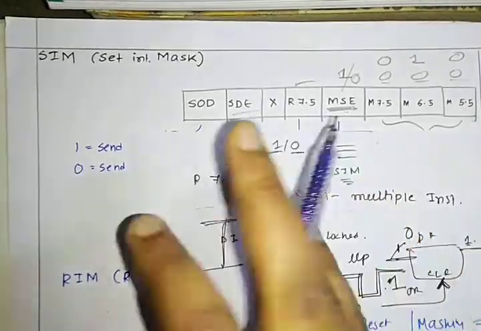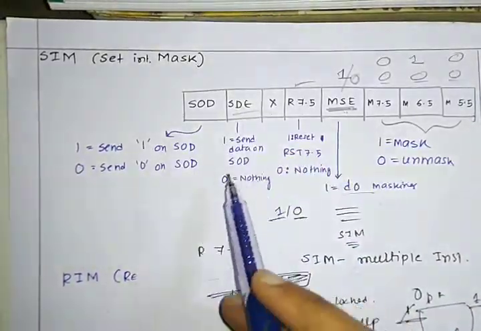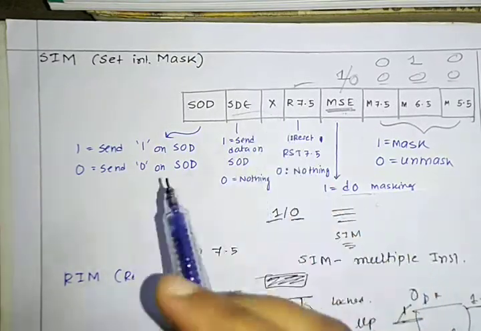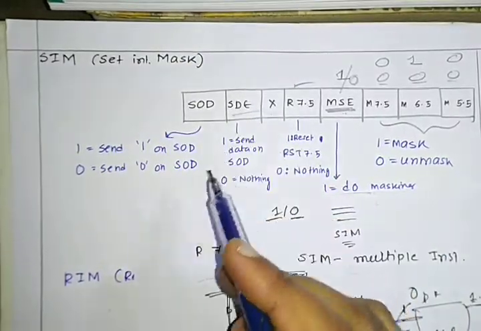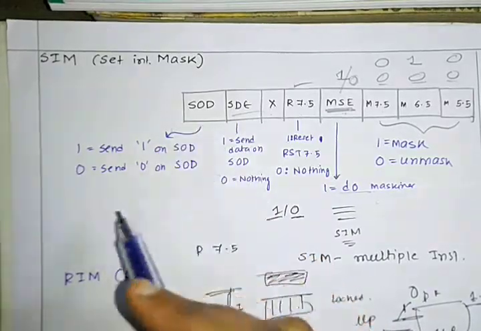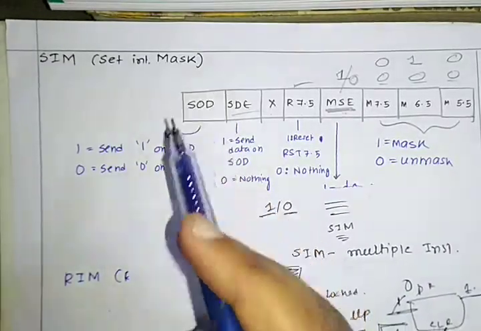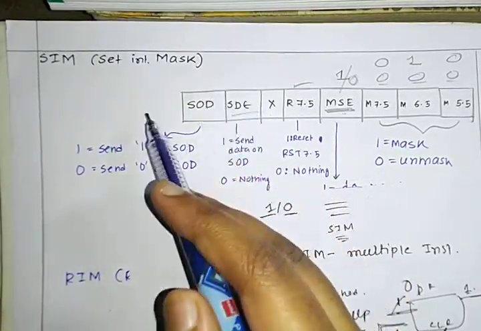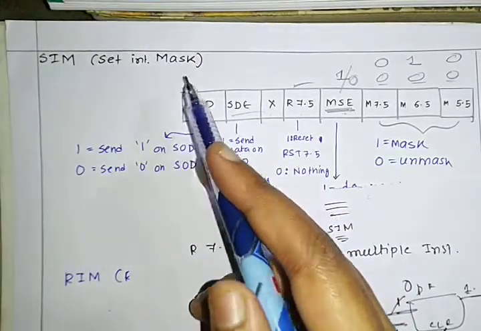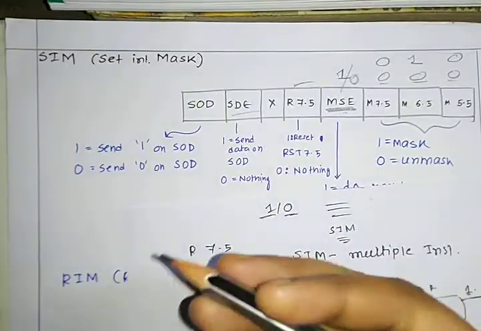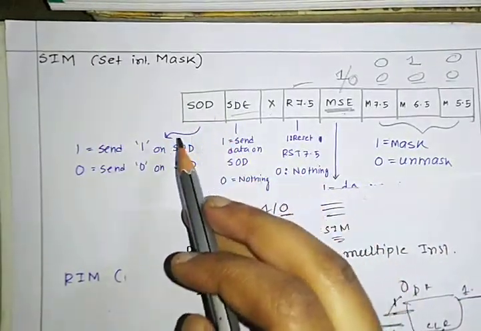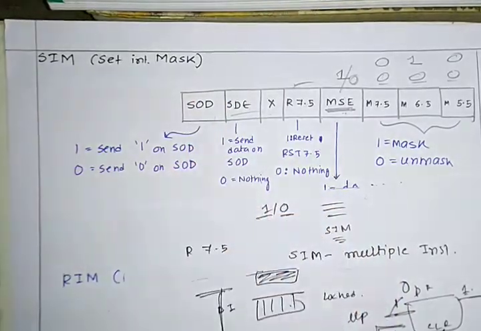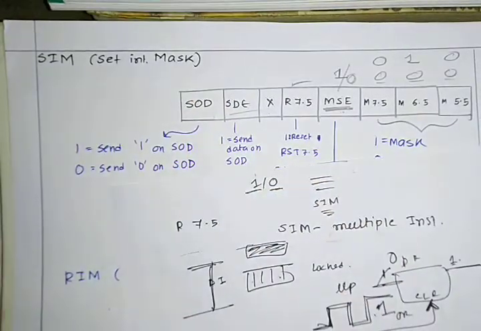So first we have SDE, which is serial data enable. If this bit is 1, then I'm eligible to send some data using SOD. But if this pin is 0, it is disabled. Whether you keep this 0 or 1, it will not affect my processor. Why is this important? Suppose you perform SIM.